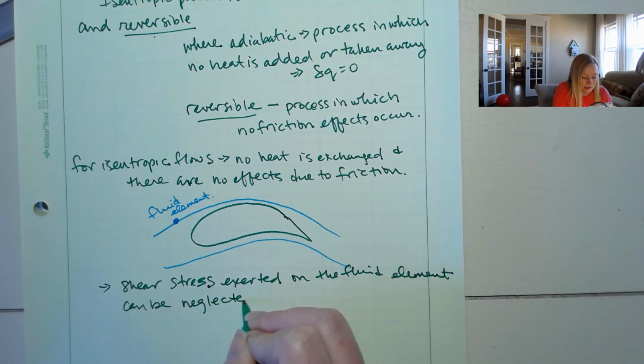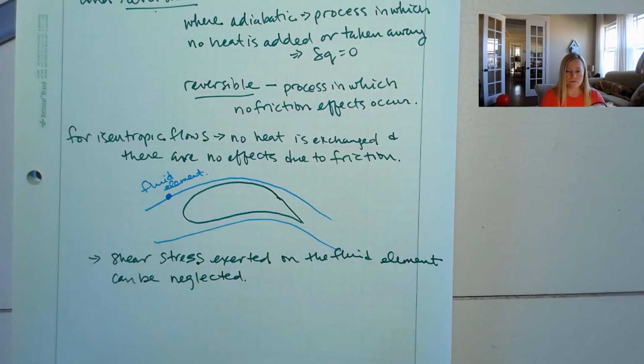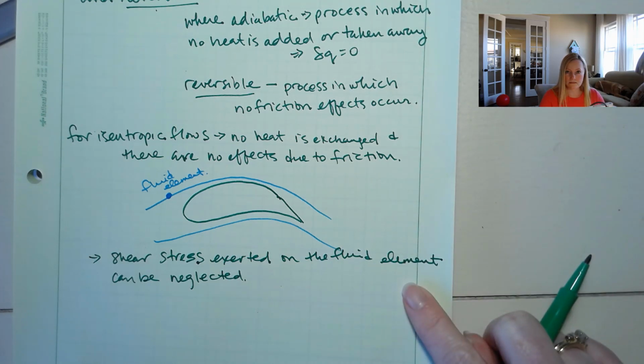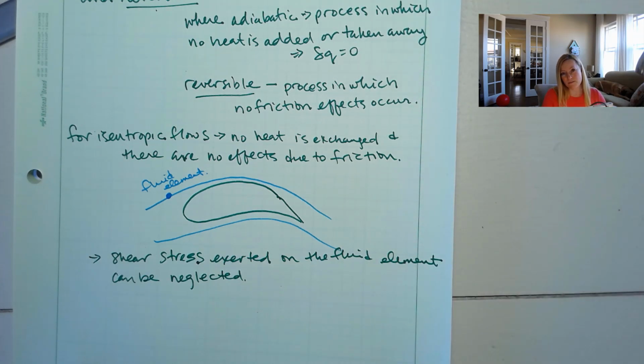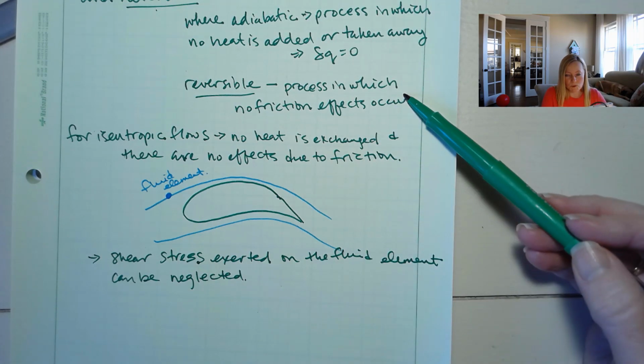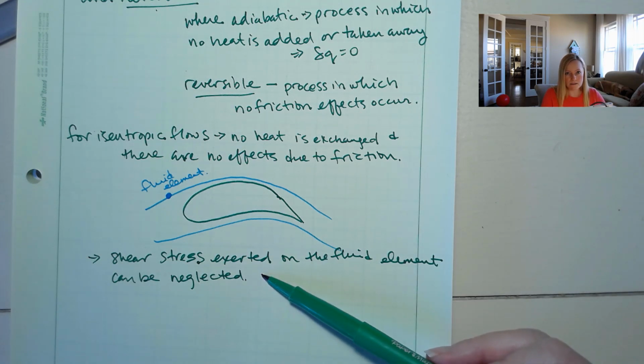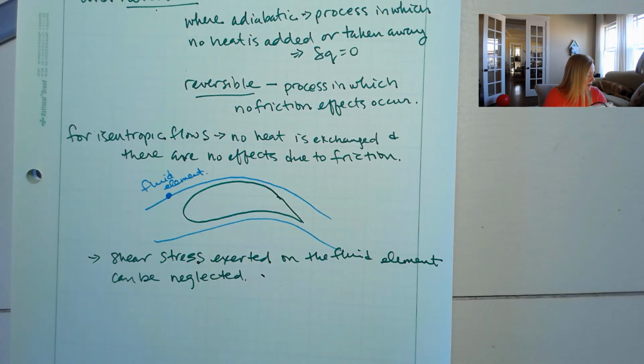And why is that? So if you look at what we wrote up here, why would we say this? Well, we said if we have isentropic flow, we've got a reversible process, right? Shear stress you can think of as being like friction. So if we have a reversible process, that means we're ignoring friction, so therefore we're going to neglect the shear stress. All right, so they're all related.